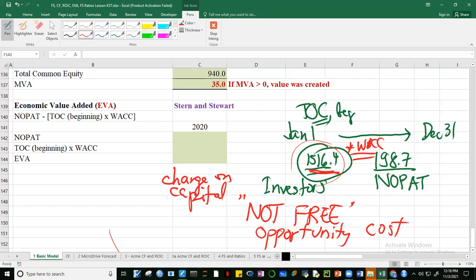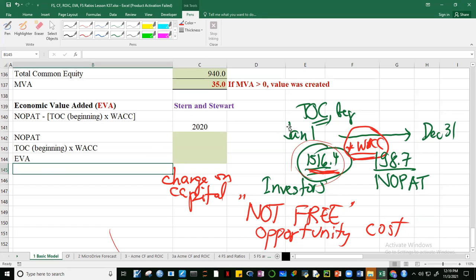It's as if we provided management with this amount and then we charge them for the use of it, parang pinahiram natin yung management. And how much is the interest rate that we're going to charge them? The weighted average cost of capital. So this use of TOC at the beginning is not free. Okay, so let's now compute for that.